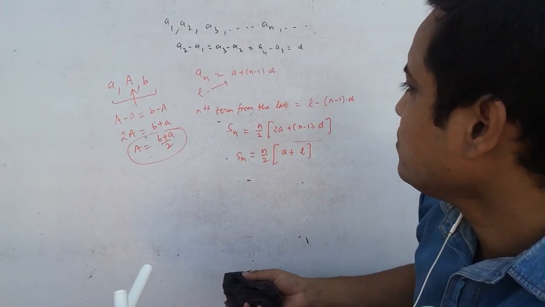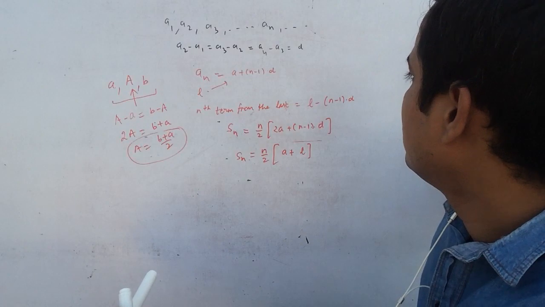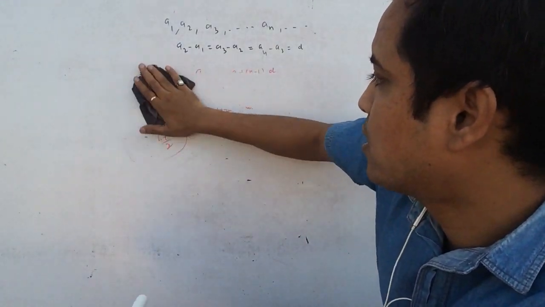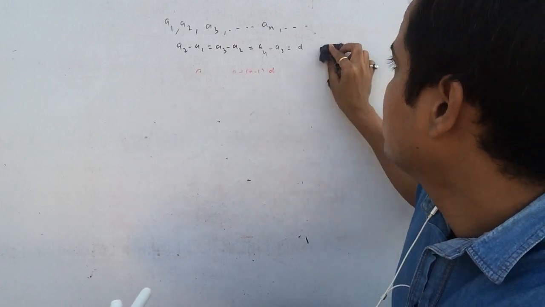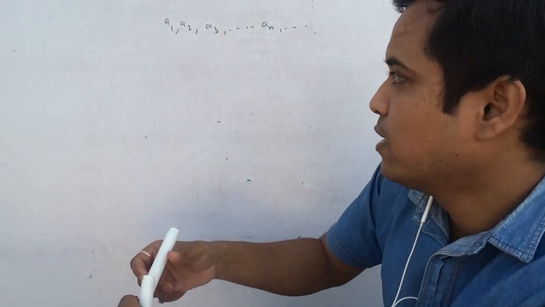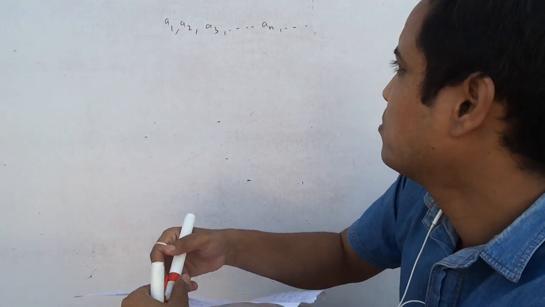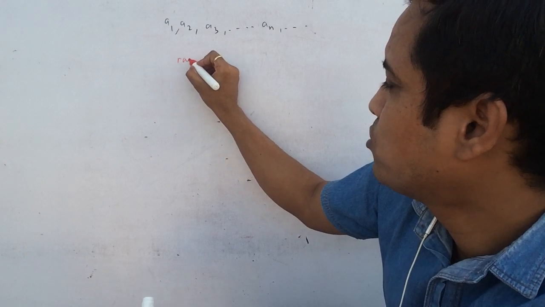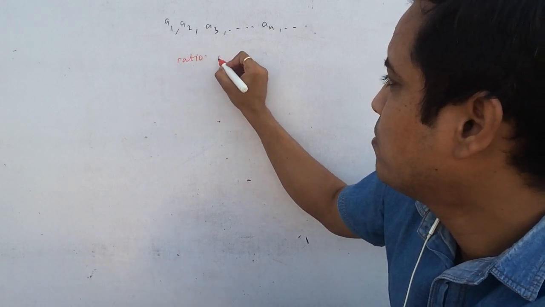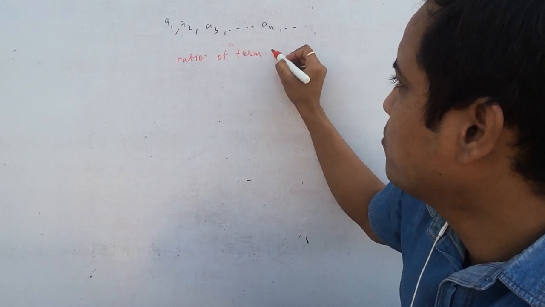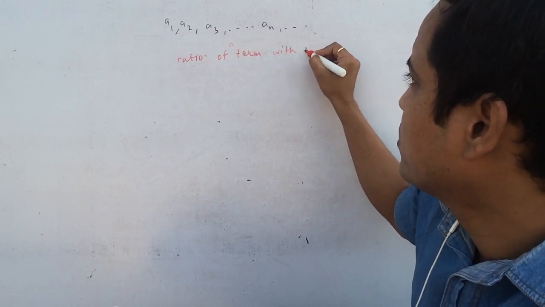All right, and what more? Nothing. Now we are moving to geometric progression. How would you find out whether a1, a2, a3 up to an is in geometric progression? It is the ratio of a term with the previous term.